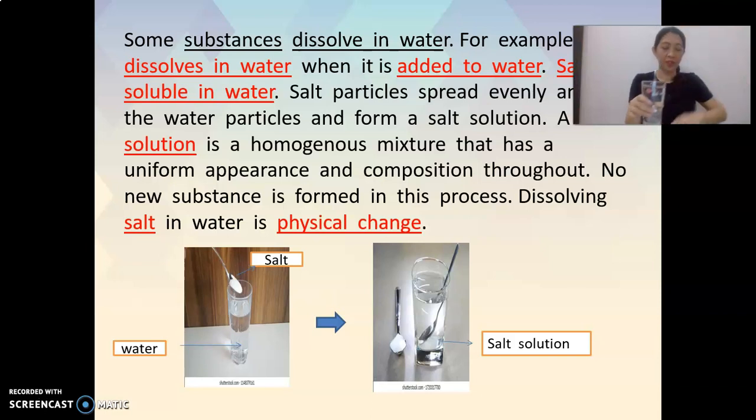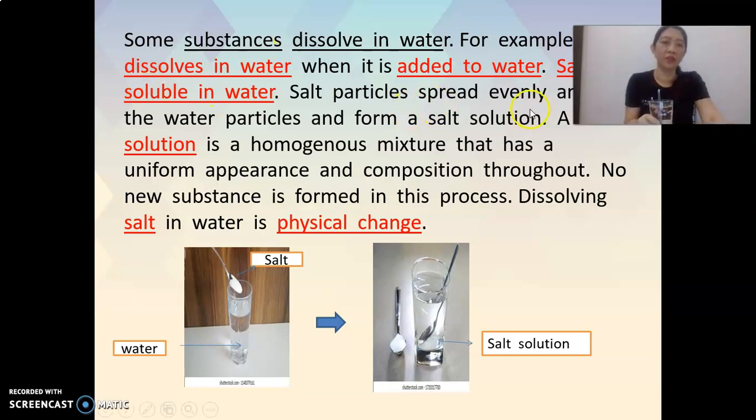When salt is added into water and stir, what will happen? So this is the salt is dissolved in water. When it's added to water, salt is soluble in water.